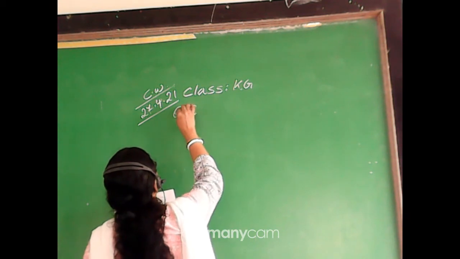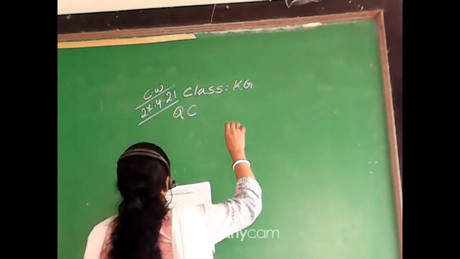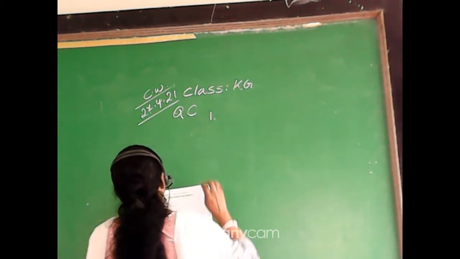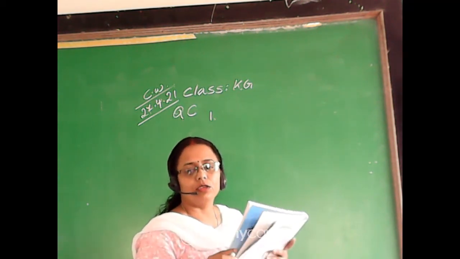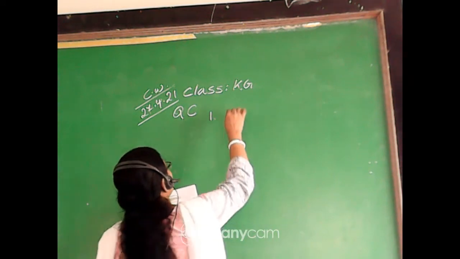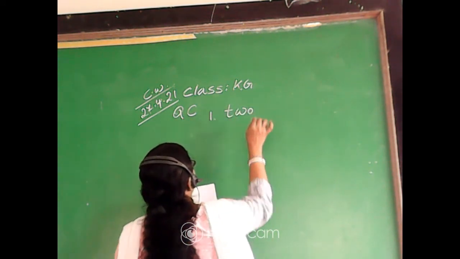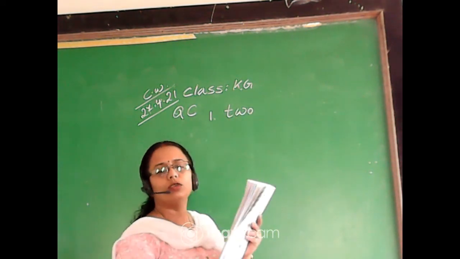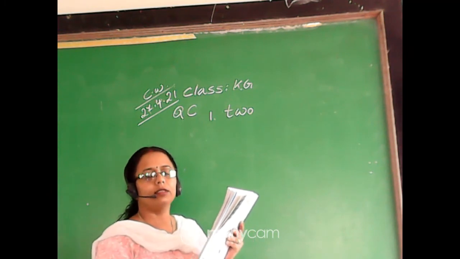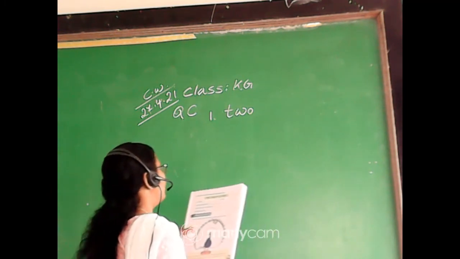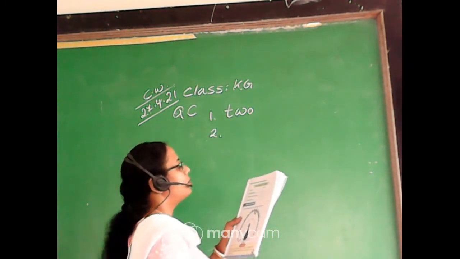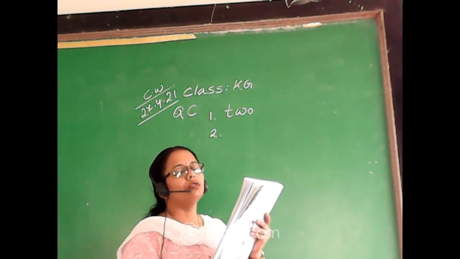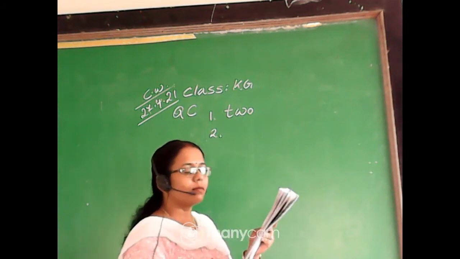So here comes question number C. Number 1, we have dash hands. So we are having 2 hands. I'm just writing the answer. You just note down the answer in the blank. Number 2, we jump with our, so usually we jump with our legs.